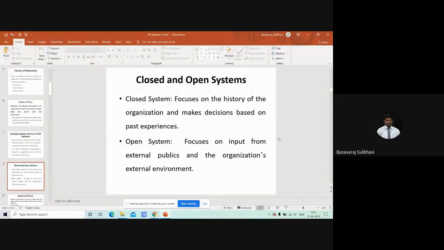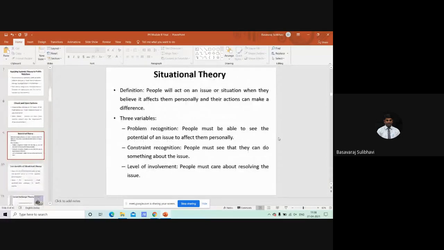So more inputs are taken from the public, from the external environment. On that basis, the organization can take a decision irrespective of whatever experience it has had in the past with related issues. These are the two types of systems we follow. Fine, one is closed and the second is open.